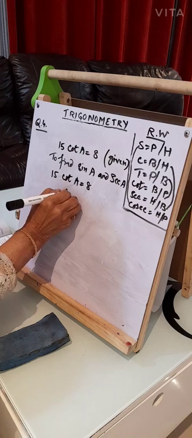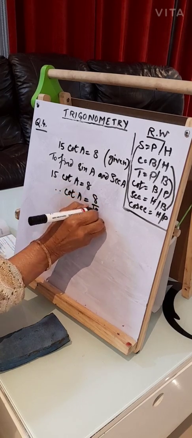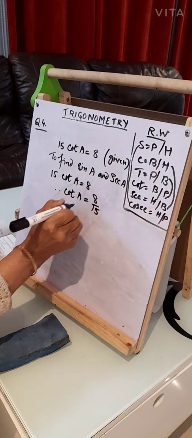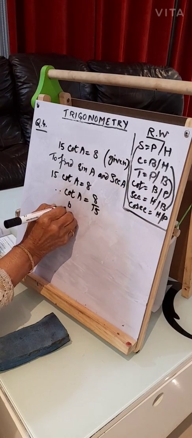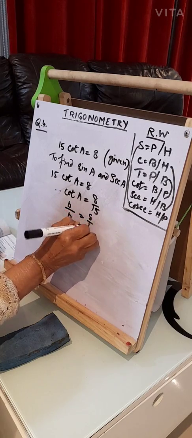Therefore, cot A is equal to 8 over 15. And what is cot equal to? Base over perpendicular is equal to 8 over 15.